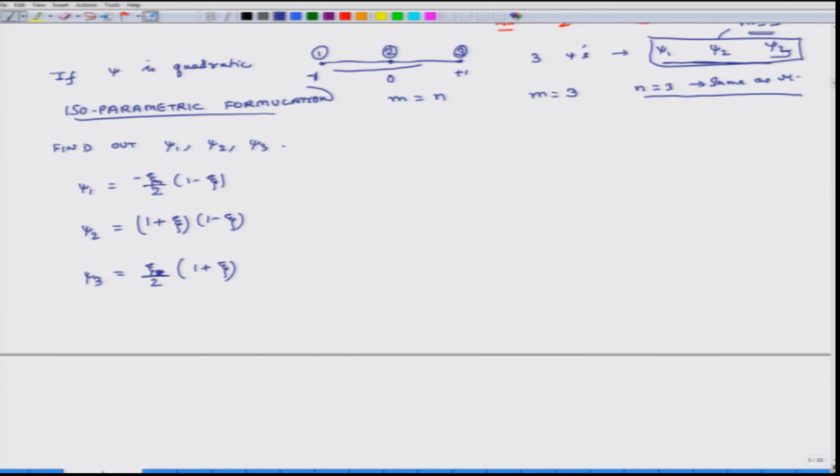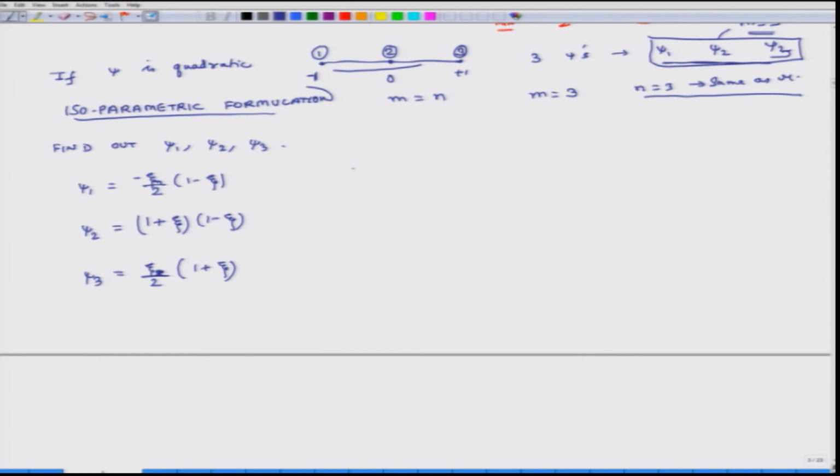So, at the first node zeta is minus 1, if I put minus 1, then the value of psi 1 is 1. So, its value is 1 at first node and its value is 0 at second node where zeta is 0, and its value is 0 at third node because at third node zeta is 1. So, you can check all these psi 1, psi 2, psi 3 meet those requirements.